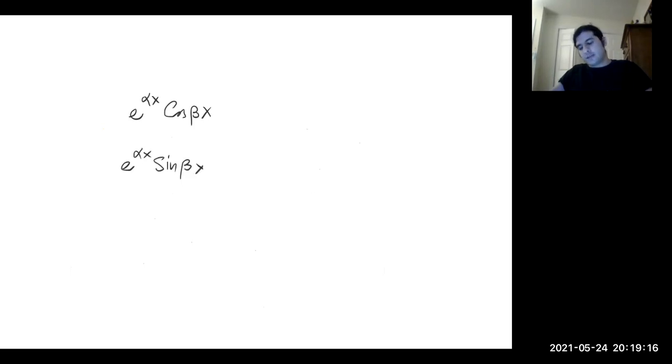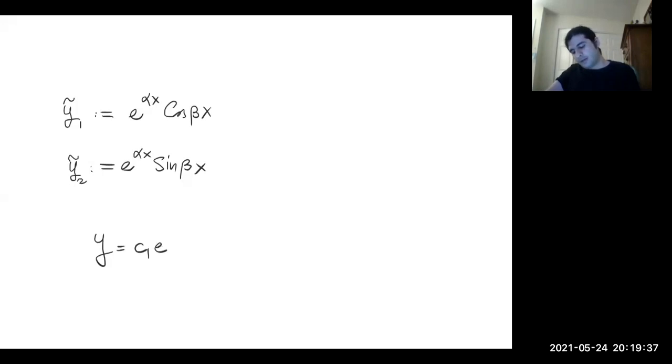They both should satisfy the equation. So define maybe y1 tilde to be this one, y2 tilde this other. Both of them should be satisfying the equation. And they are linearly independent. We have a second order ODE, so any solution should be a linear combination of these. So the general solution is of this form.